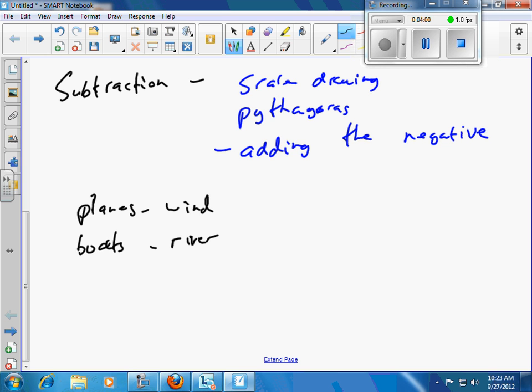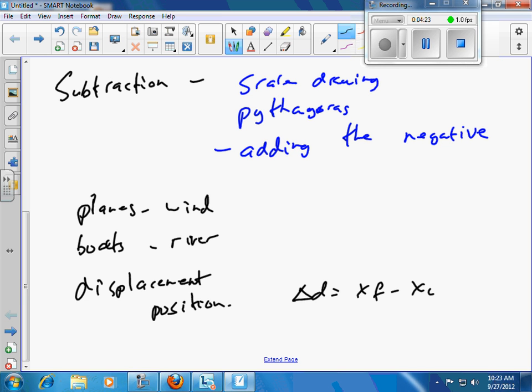You might also see the word displacement along with the word position. If it says this is the initial position, this is the final position, what's the displacement? Well, clearly that is delta d is final position minus initial position.